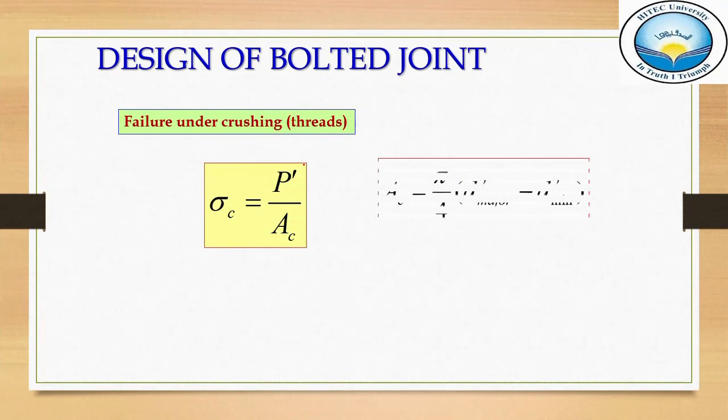Okay, there could also be a possibility that the bolt itself will not fail, which means it will not break, but the thread will be crushed. If your thread is crushed, your bolt joint can still fail. Why? Because the nut becomes loose, the threads are crushed from the bolt, your joint becomes loose, and when a joint becomes loose, failure is very likely. One common example is we use 4 bolts to tighten the car wheel to the hub.